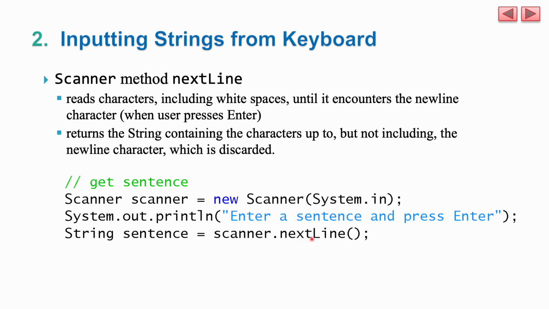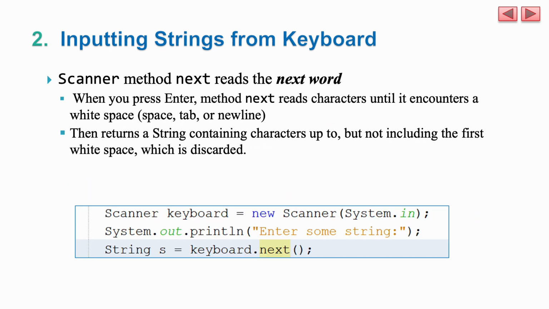Then you call nextLine on the Scanner object you have created and assign its returned result to a string variable such as sentence. Another Scanner method that can be used to input strings from the keyboard is the method next.